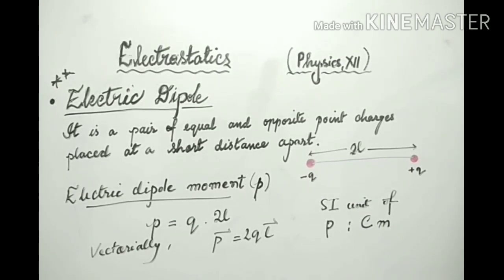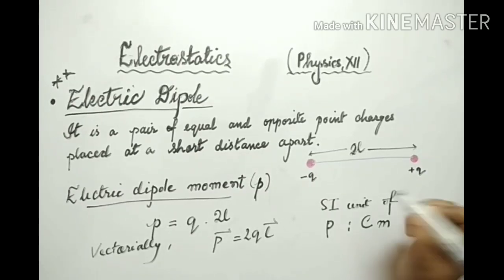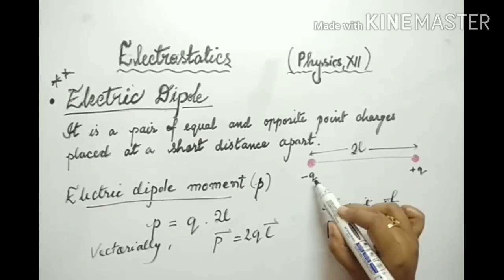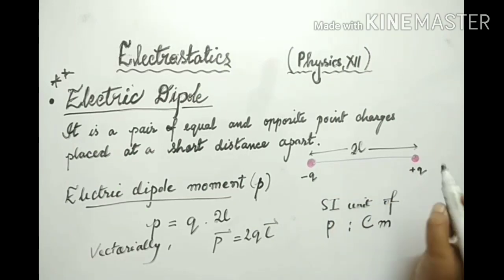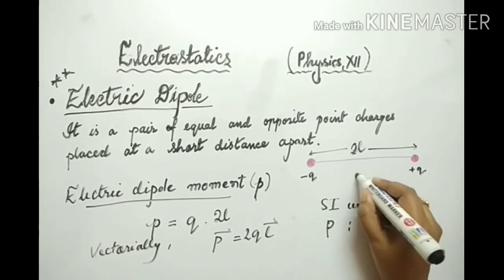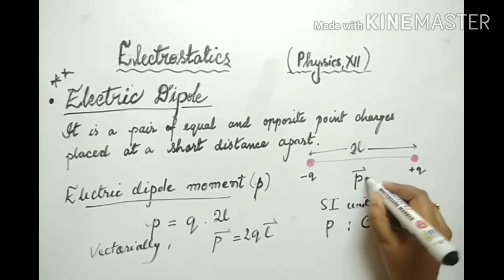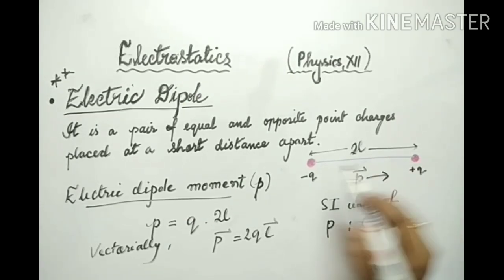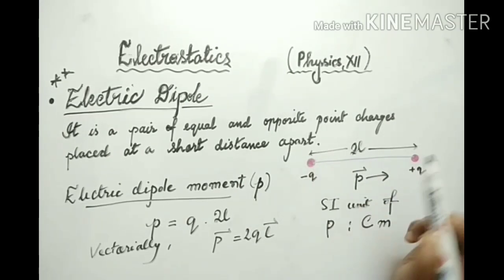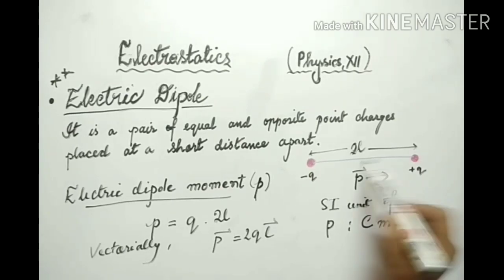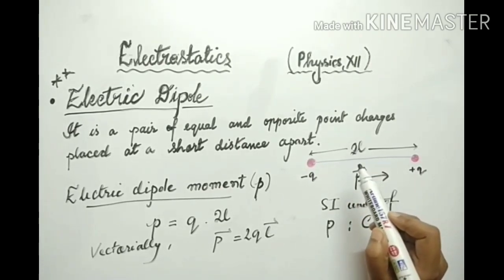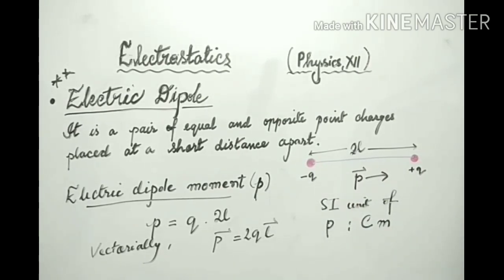Now what is the direction? Since it is a vector, in which direction is it represented? Always remember it is directed from the negative charge towards the positive charge. That means if it is a p vector, it is always in this direction, from the negative to the positive charge, and it is always directed along the line joining the two charges.